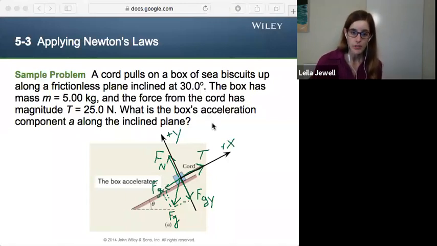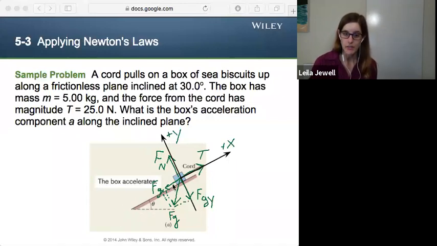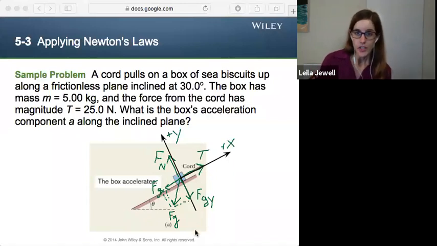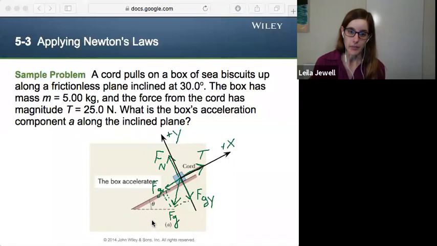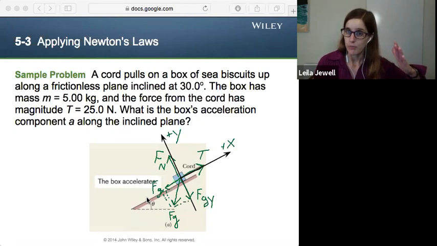Now, when we're solving these, we're going to need to figure out where that angle fills in to this picture. This is a tricky part, but the way I like to think about it is that the angle describes how much we have offset our coordinate axes from what is normal. So we've offset our x-axis by theta.